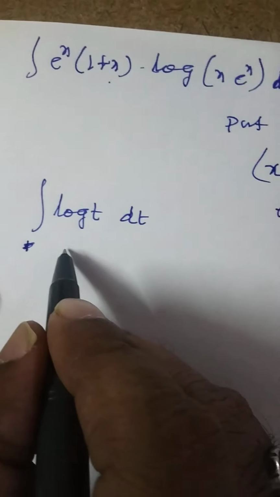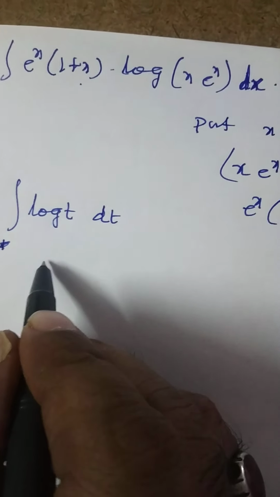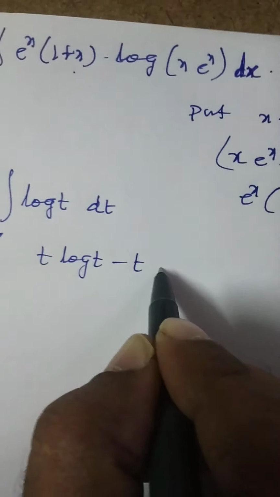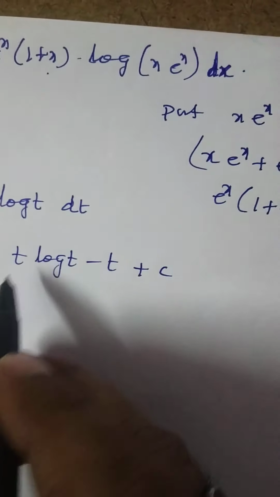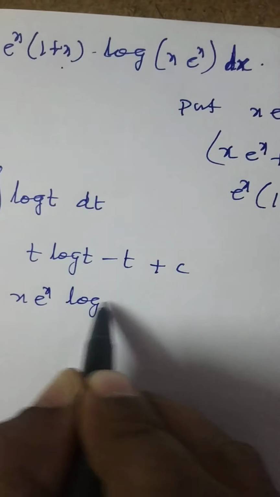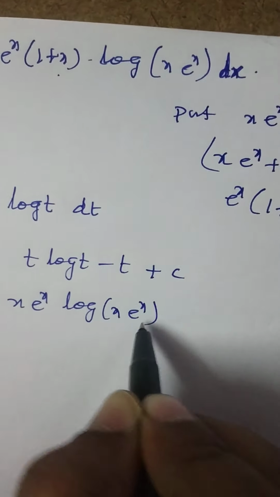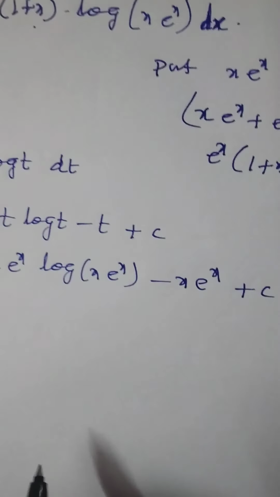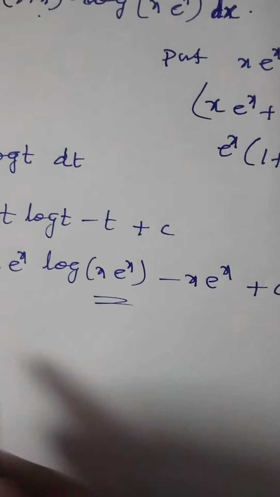So what you are going to get from that is t log t minus t plus c. So t is nothing but x into e power x. So log of x into e power x, minus x into e power x, plus c, you are going to get this. Okay, this is the final answer.